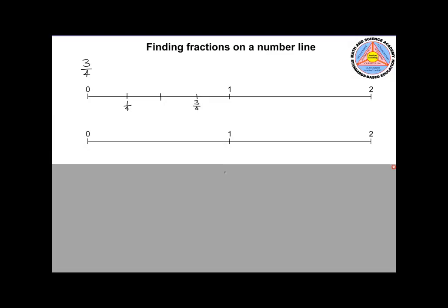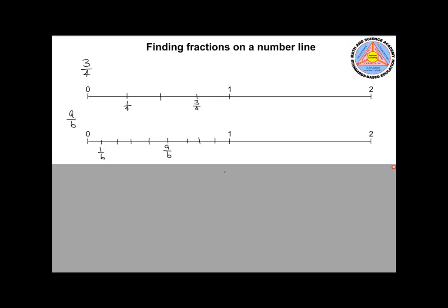In general, for the fraction a over b, we break the unit segment into equally spaced parts, b of them, equal hopefully, and there are b of these parts, and we identify the length 1 over b, which is the distance from 0 to the first segment, and we move a of those segments, 1, 2, 3, a of those segments, whatever that is, and we come to the location a over b.